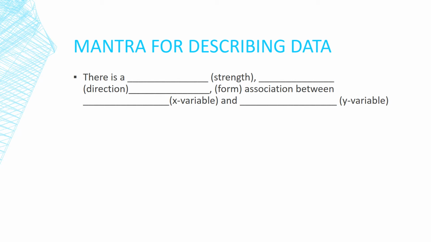Anytime you have a problem that talks about describing data, or if you have a scatter plot, somewhere on there you need to write the sentence. So basically there is a strong or moderately weak, negative or positive, linear or nonlinear association between whatever the explanatory variable is and the response variable. So this is something that you'll want to make sure that you memorize because this will be important.